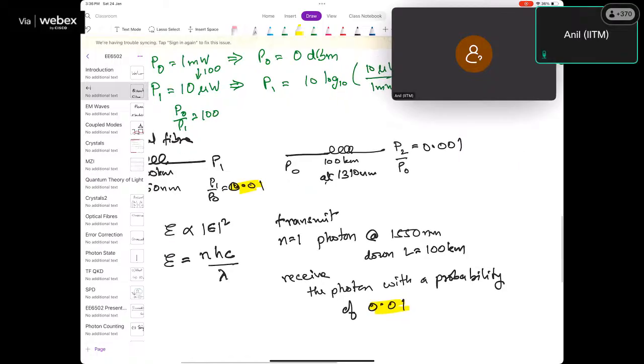That is now called a probability. It's no longer transmit and receive power. Transmit is probability 1, receive is a probability 0.01.